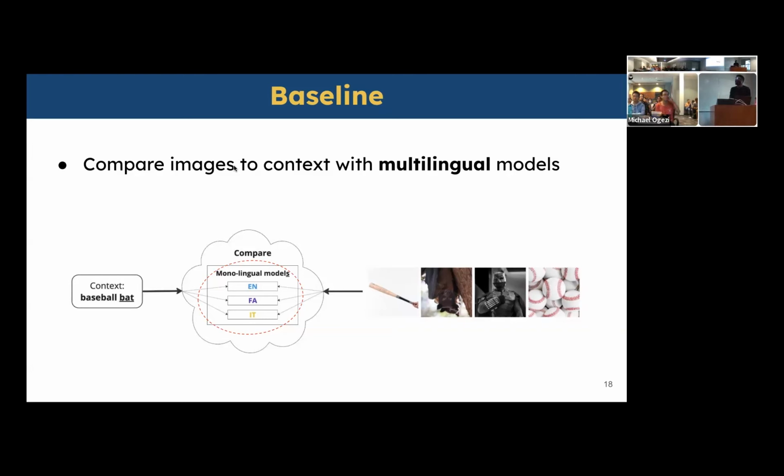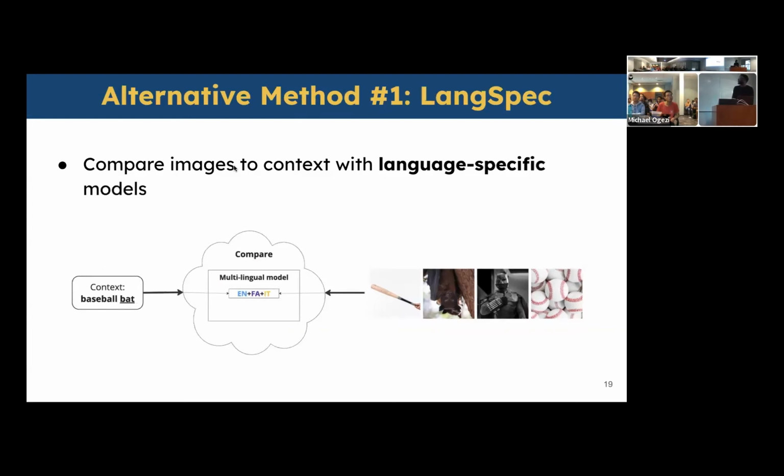Since we are using CLIP, which encodes both text and images in a similar semantic space, this is an easy thing to do.